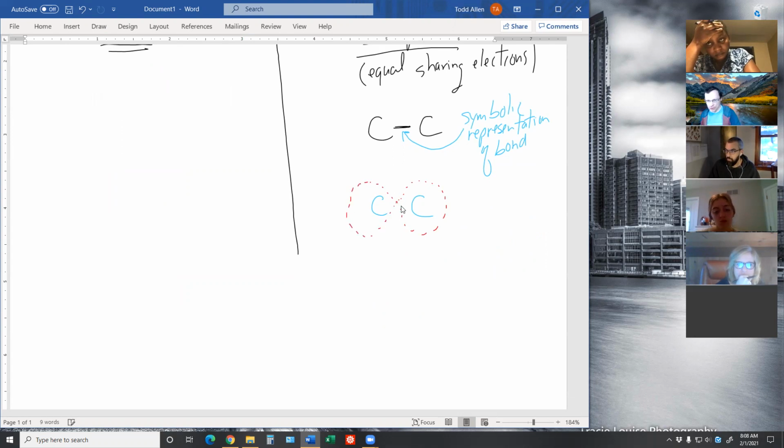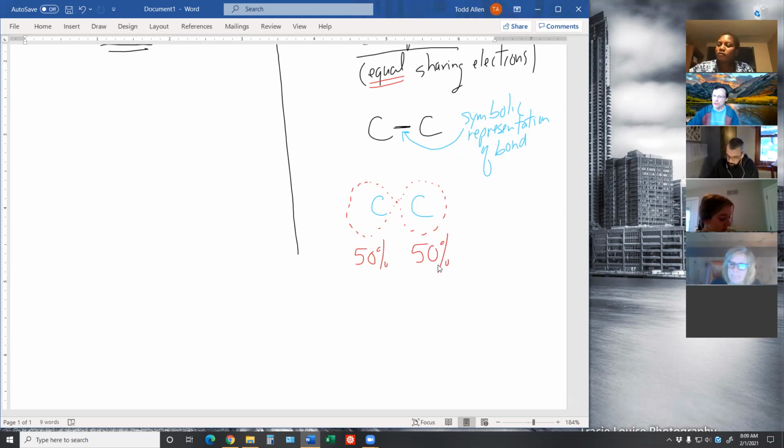Now, I'm not a very good artist, but what I'm hoping you see is that roughly the volume of the dotted line around the left atom is roughly equal to the volume of the dotted line around the right atom. What I'm trying to tell you is that when you have an equal sharing of electrons, the electrons being shared spend about 50% of their time around the left atom and another 50% of their time around the right atom.